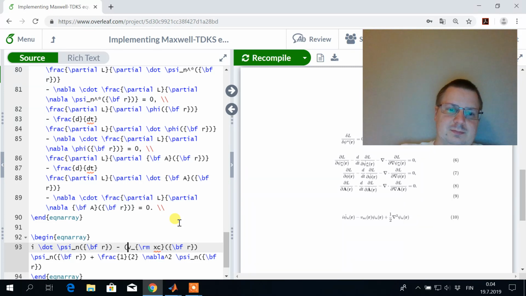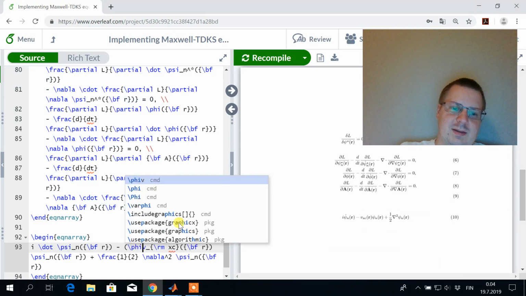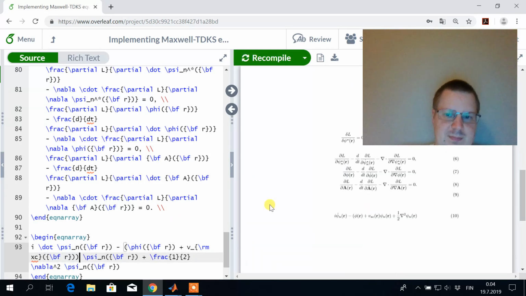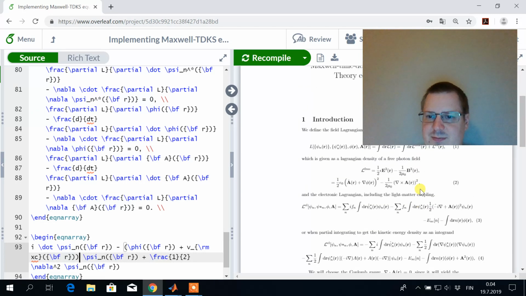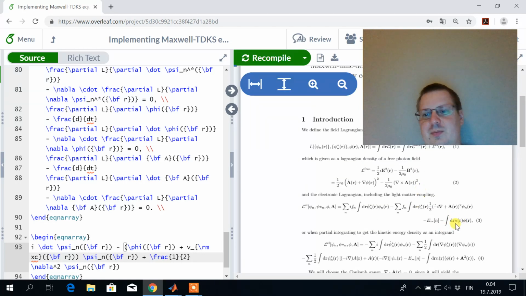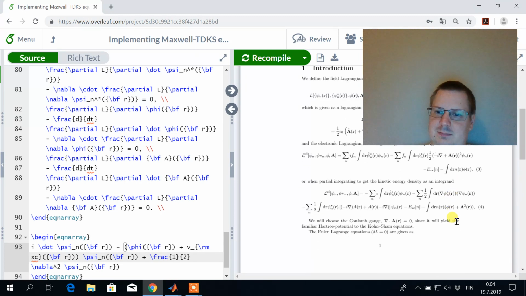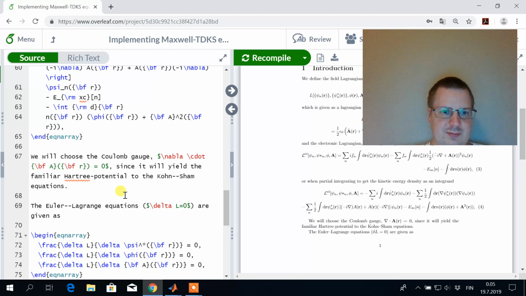And so the phi, the Hartree potential, or the longitudinal potential, enters here as well. So it's from this n with respect to psi star. And I'm missing 1/2 from this a squared, I see. Density integrand.